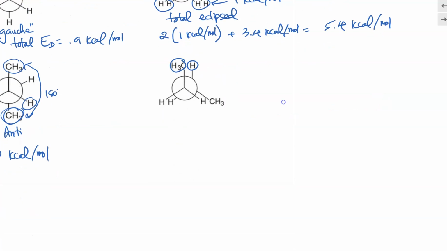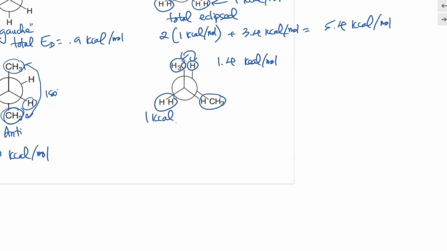And the other eclipse conformation will be as follows. So here in this case, the methyl and the hydrogen are eclipsing each other. And because the methyl is bigger than the hydrogen, this would also produce destabilizing energy as well. And in fact, each of these would equal 1.4 kilocal per mole, and we have 2 of that. And we also have the 2 hydrogens eclipsing each other, and this is 1 kilocal per mole.